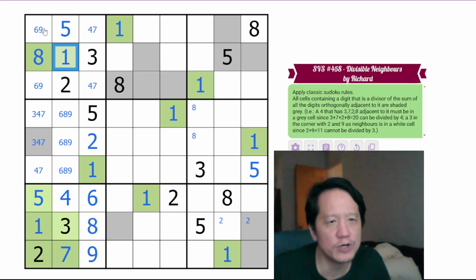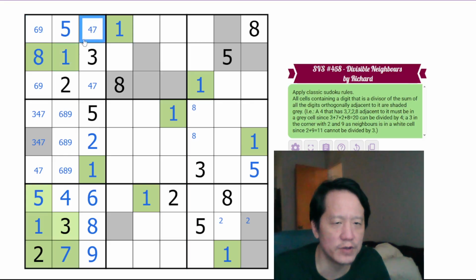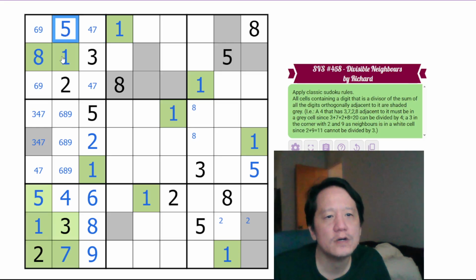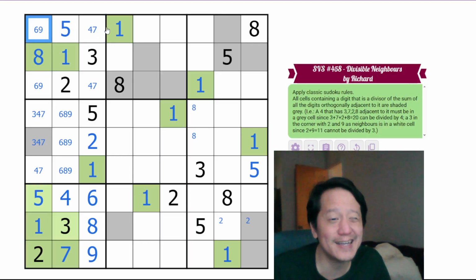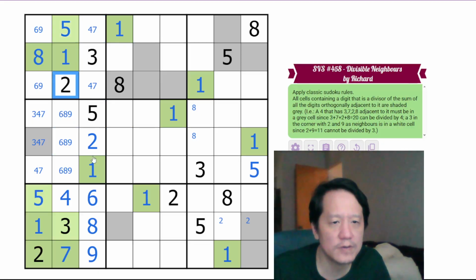So does 164 is 11. 167 is 14, none of which are divisible by 5. 194 is 13, and 197 is 17, and none of those are divisible by 5. Okay.